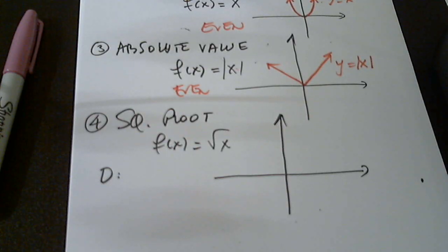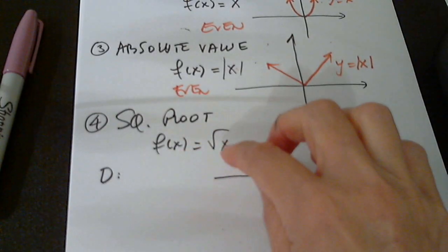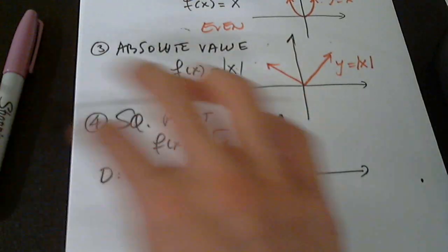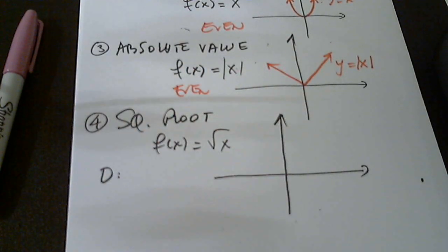One. Yes, what else? What did we say that the square root exists for? What can x be? What should x be for the square root to exist?